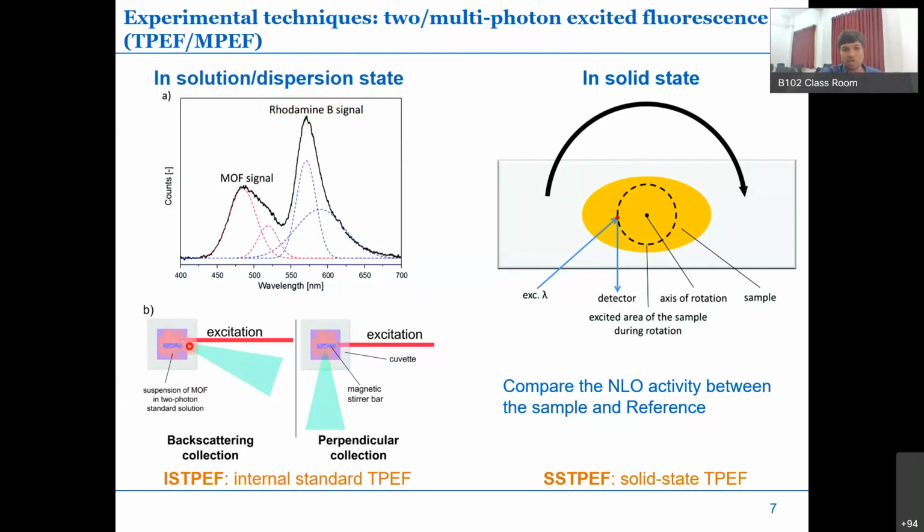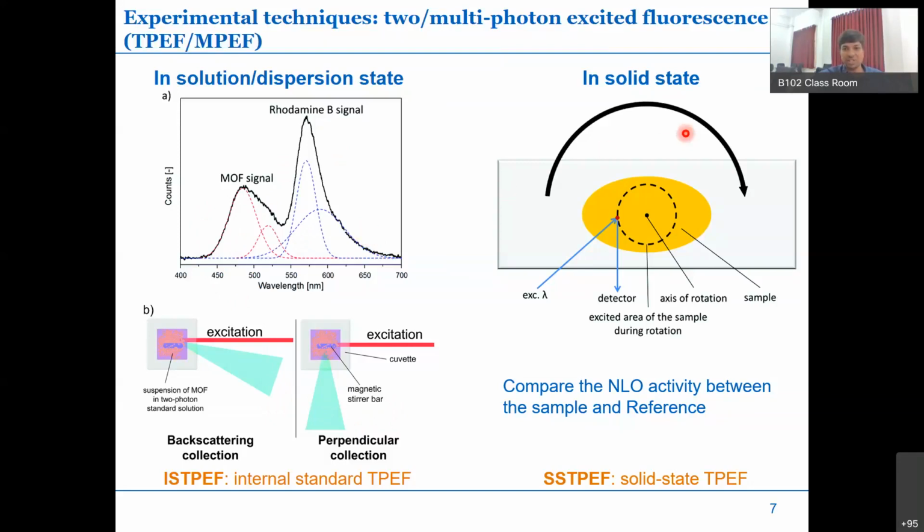Then you excite the compound and collect its fluorescence either in backscattering collection or perpendicular collection. You can integrate the MOF signal as well as the reference signal, and then plot the data using the equations which I'm going to describe in the next slide. So this is one of the methodologies.